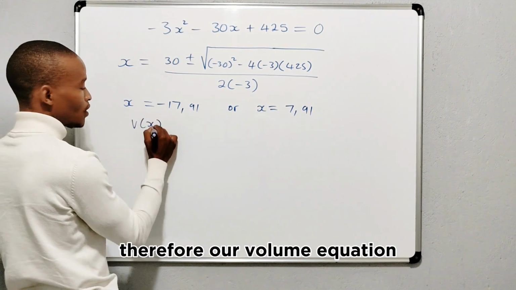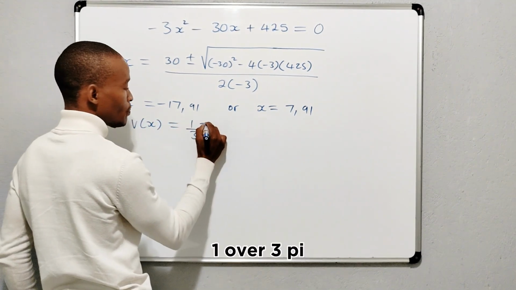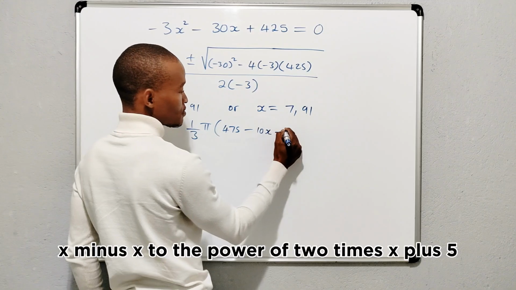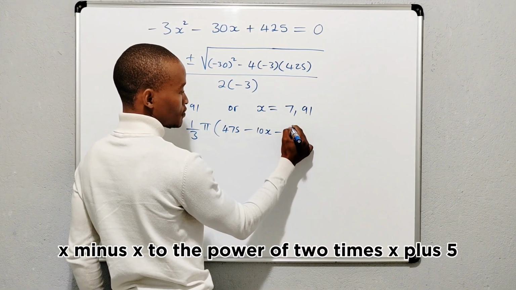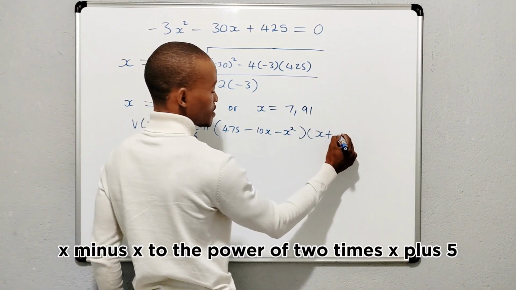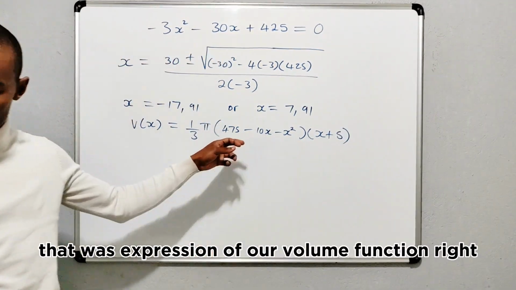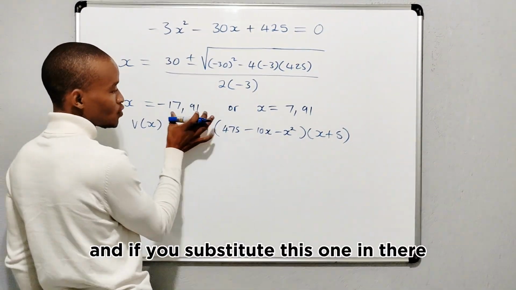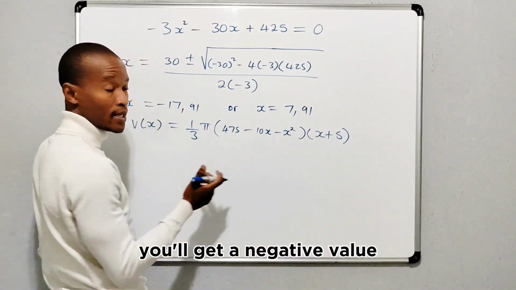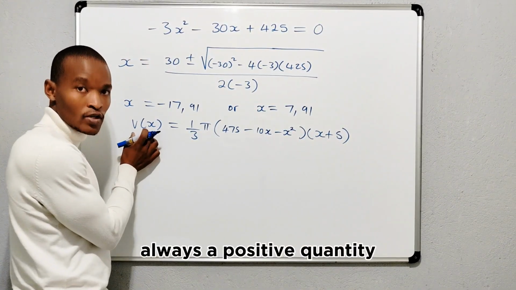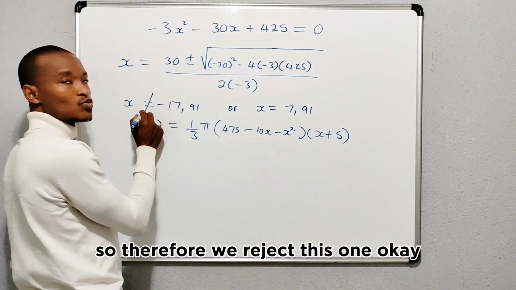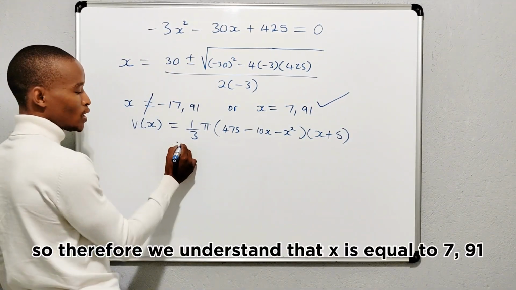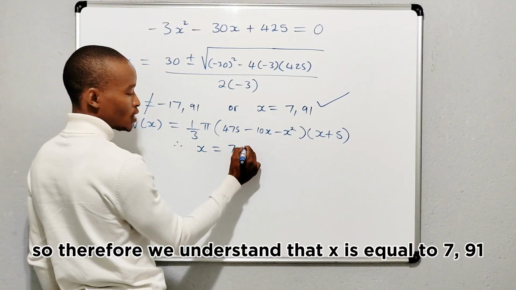And let's recall therefore our volume equation. 1 over 3 pi, 475 minus 10x minus x to the power of 2, times x plus 5. That was the expression of our volume function, right? And if you substitute this one in there, you'll get a negative value, and we're dealing with volume. It's always a positive quantity. So therefore we reject this one, okay? And which one is acceptable? That one, okay? So therefore we understand that x is equal to 7.91.